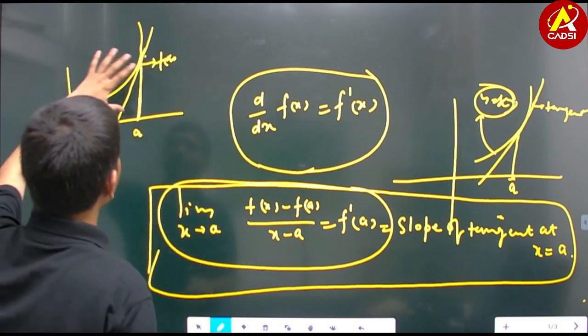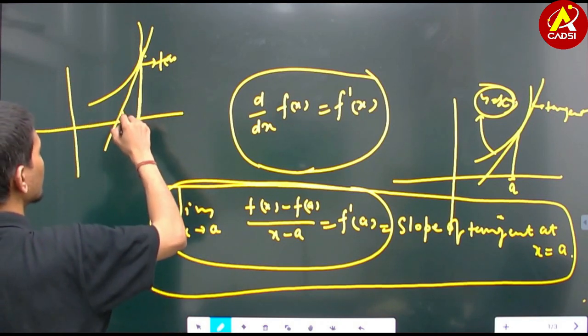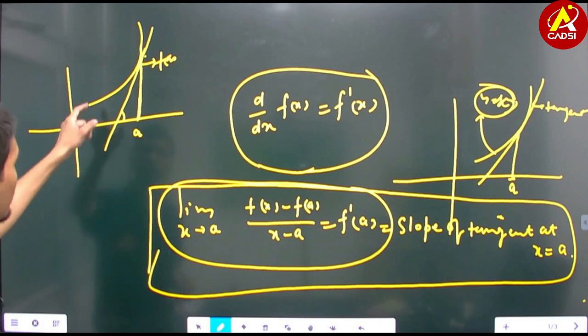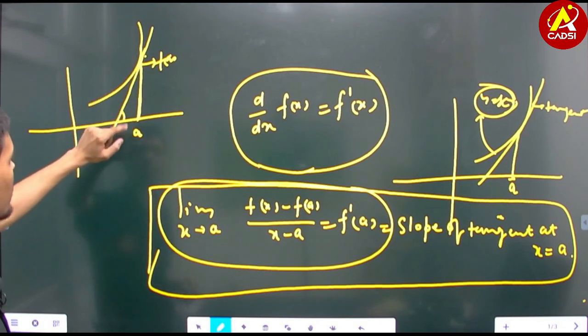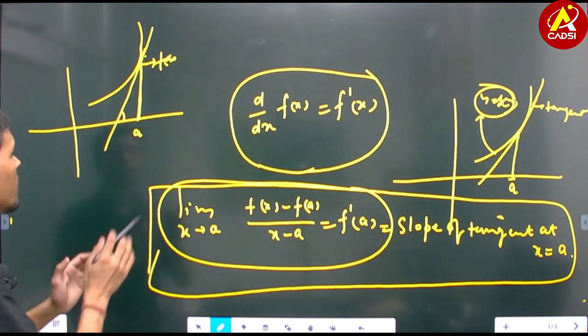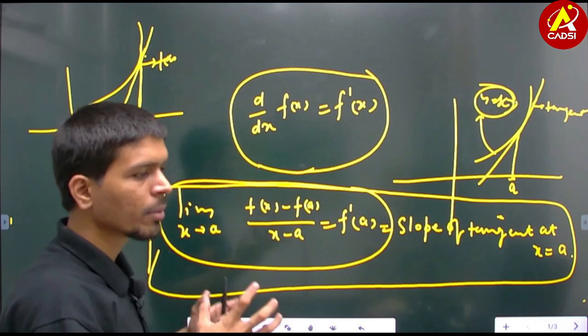And the slope of the tangent is this. This is the angle, this is the angle of inclination, and the slope is the number.